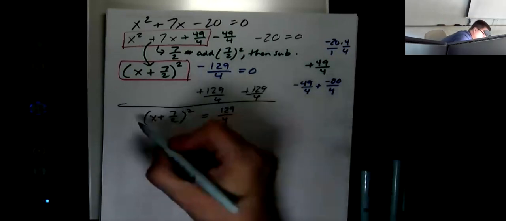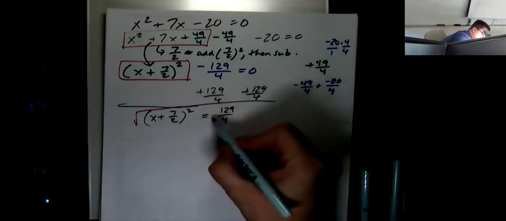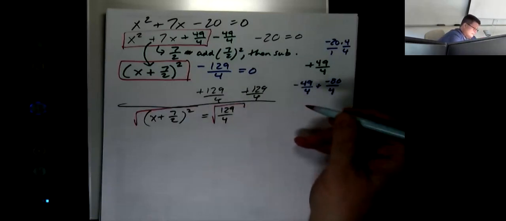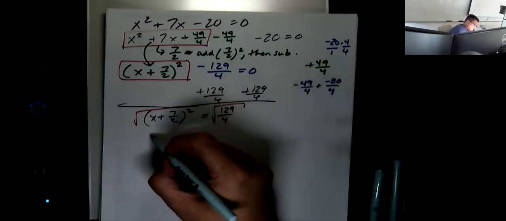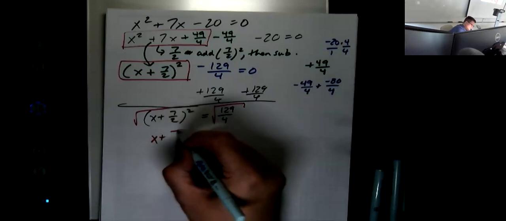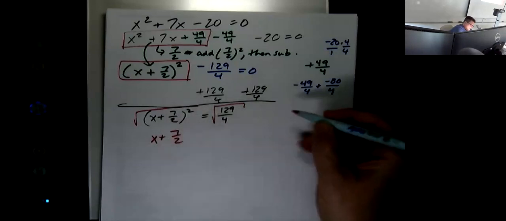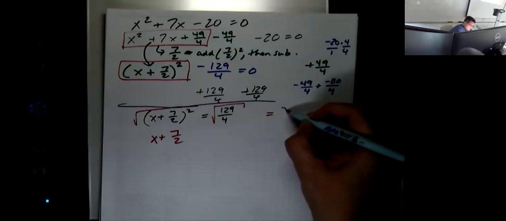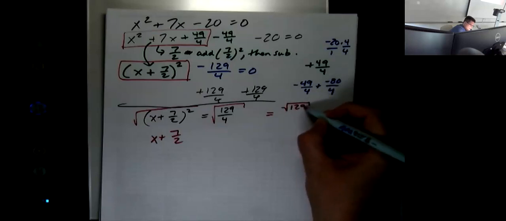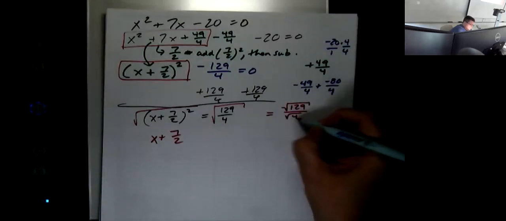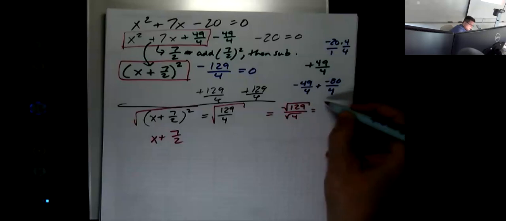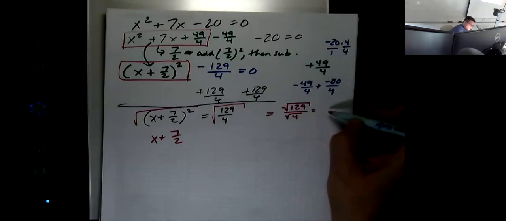I'm gonna take the square root of both sides. This will give us x plus 7 over 2. The right side I'm gonna write as the square root of 129 over the square root of 4, because I know what the square root of 4 is, it's 2.